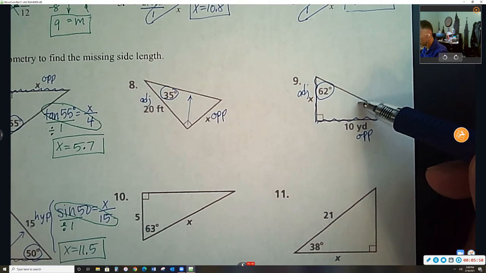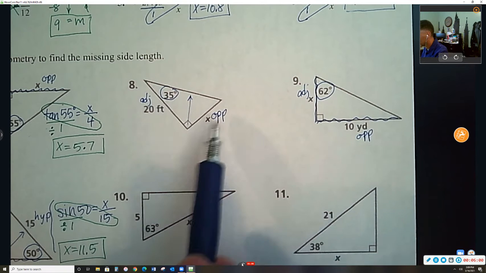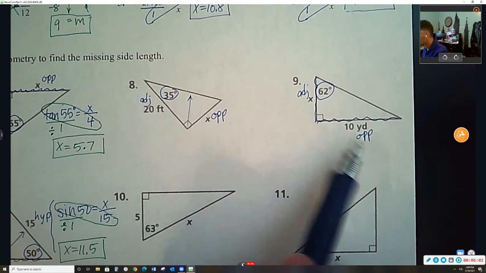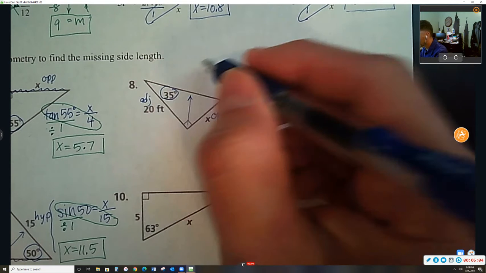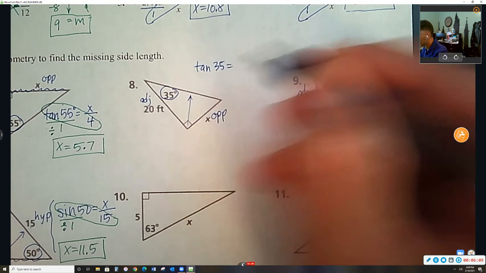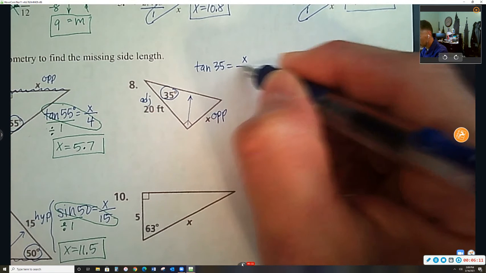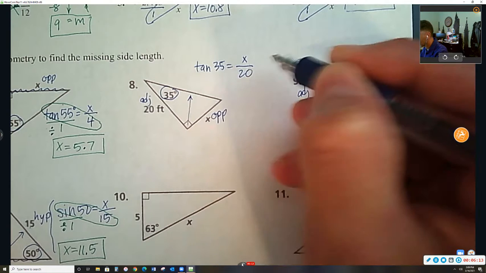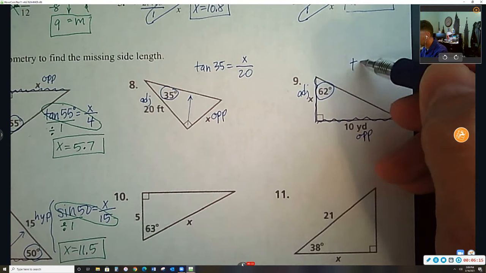Now, if we look at our trig ratios, opposite and adjacent, both of these are the same, and it's actually tangent. So tangent of 35 degrees is equal to the length of the opposite side divided by the length of the adjacent side. For number 9, it would look like this.